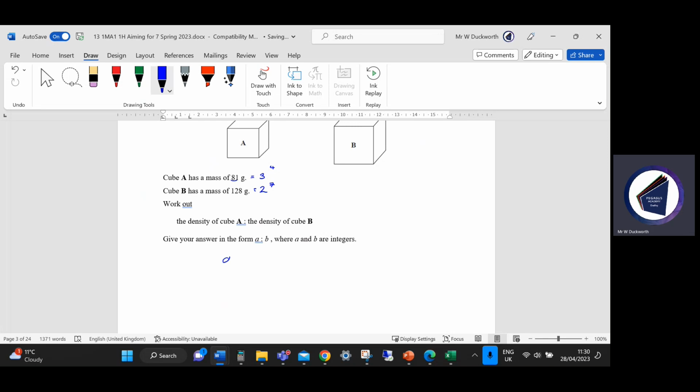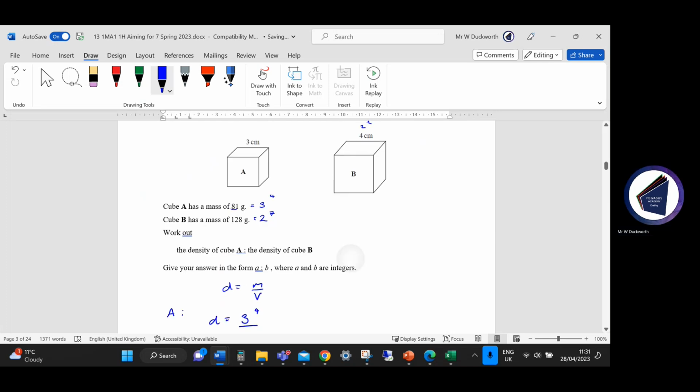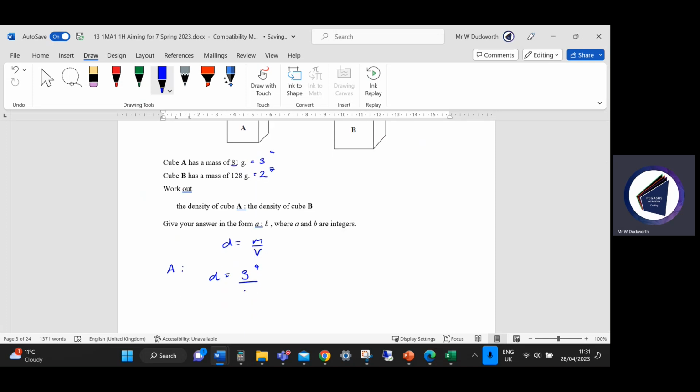So density is going to be equal to mass divided by volume. And I'm not going to work out in proper numbers. So the density of cuboid A is going to be the mass of cuboid A, which is 3 to the power 7, over the volume, which is 3 to the power 3. So that is just 3.